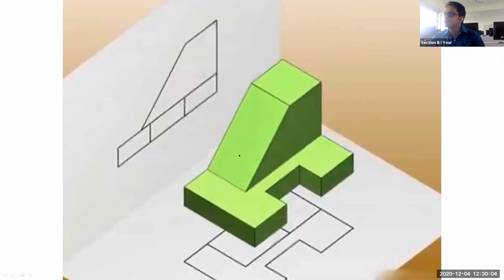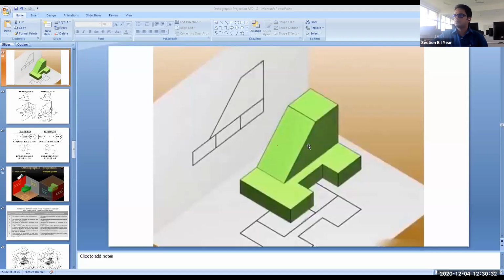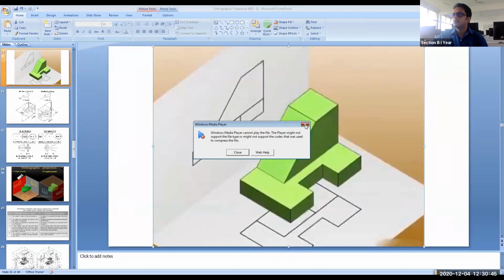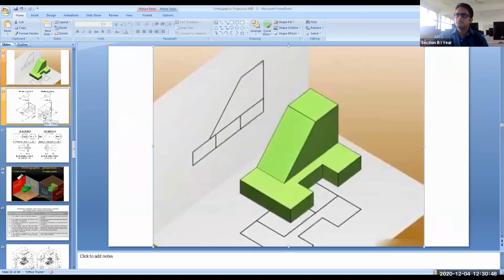I have one video. Let's see whether it is playing or not. Okay, in this desktop it is not visible. No issue.